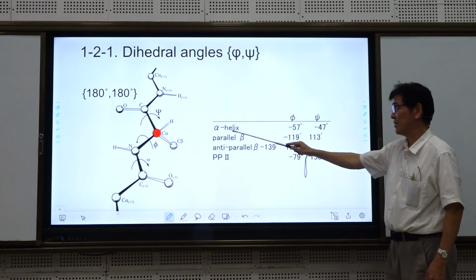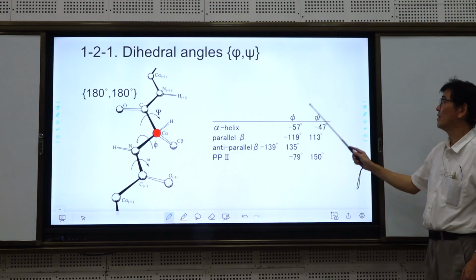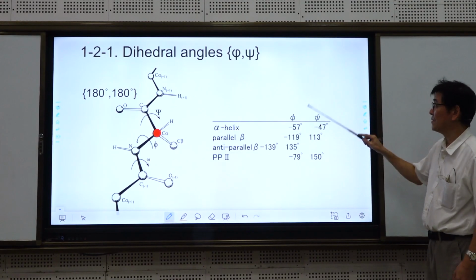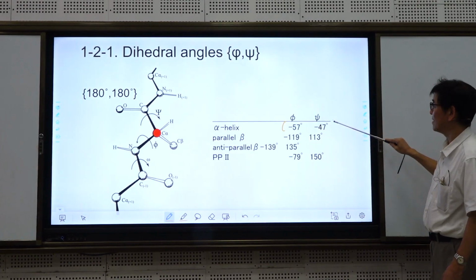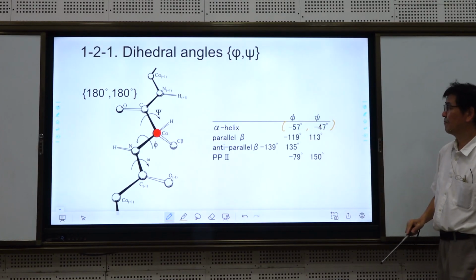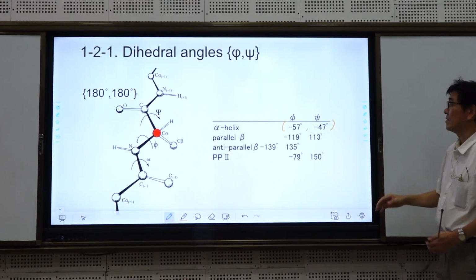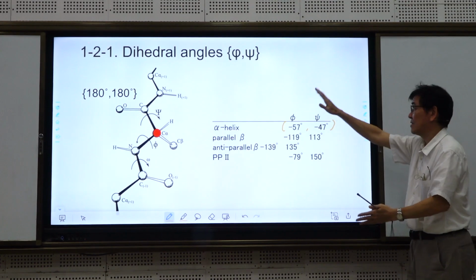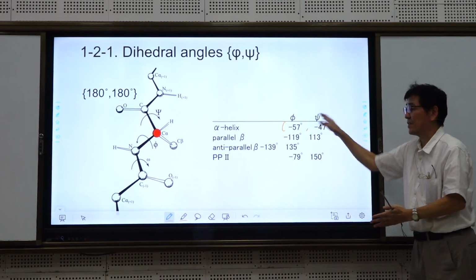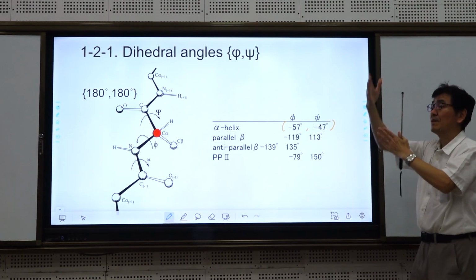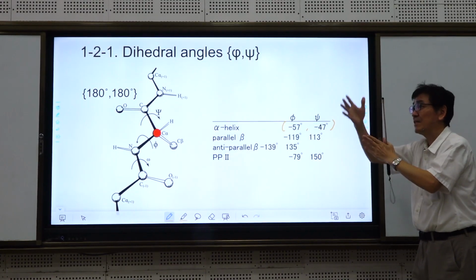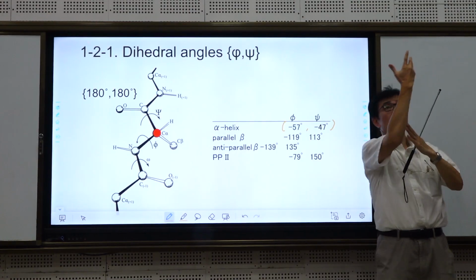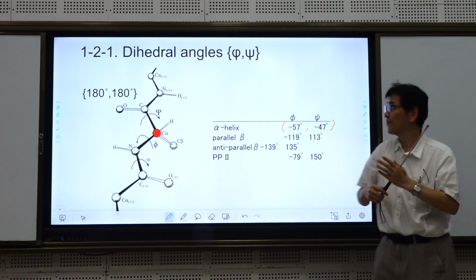In the case of the alpha helix structure, phi and psi are nearly these values. If the dihedral angle or rotational angle of the peptide plane is fixed to these angles and the main chain is accumulated, then it is an alpha helix structure.